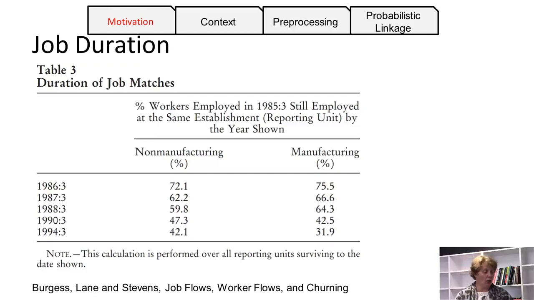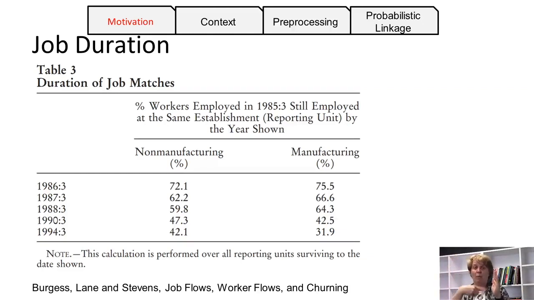So in some of the early work that I did, published in 2006, we said, okay, let's take a look at job duration. Let's take a look at people who are employed in one quarter, 1985 third quarter, and then let's see how many are still employed by that same employer in subsequent years.